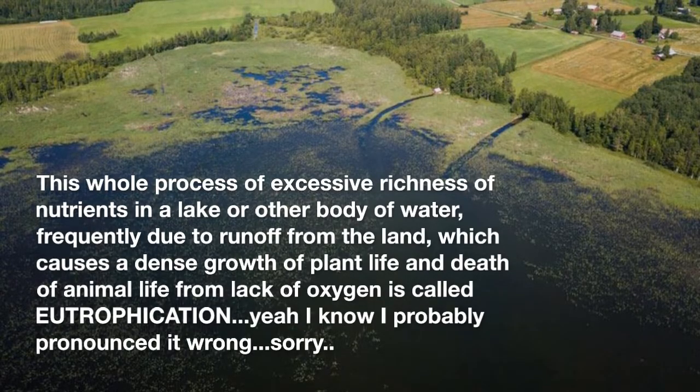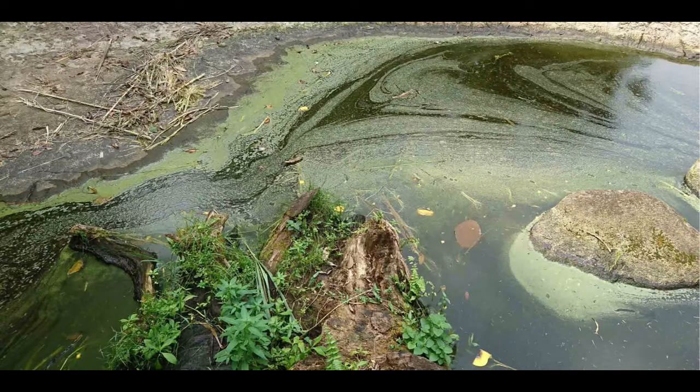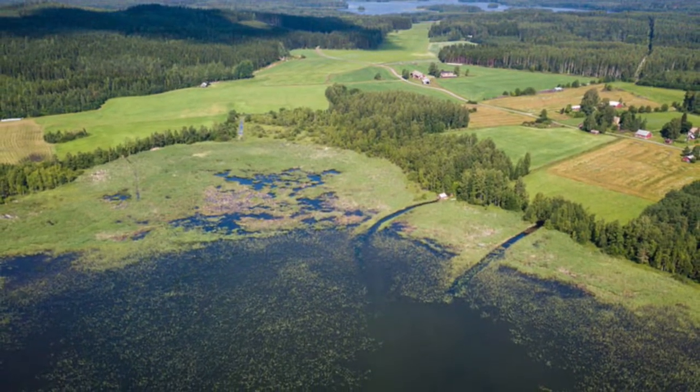Well, guess what? When there is an algal bloom, or when algae starts to bloom all over the water, it spreads across the surface of the water, and therefore it blocks out the sunlight. And as you know, the coral reef requires sunlight for its growth.